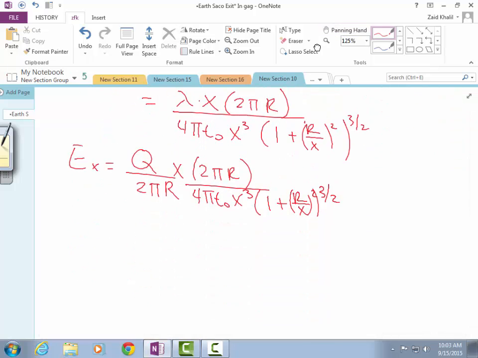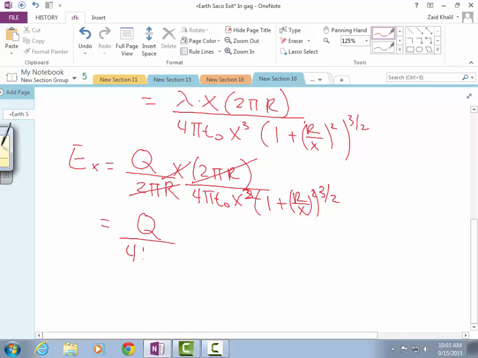Now what happens? Now we cancel. Boom, boom, boom. So we get Q over 4 pi epsilon 0 x squared times this factor.